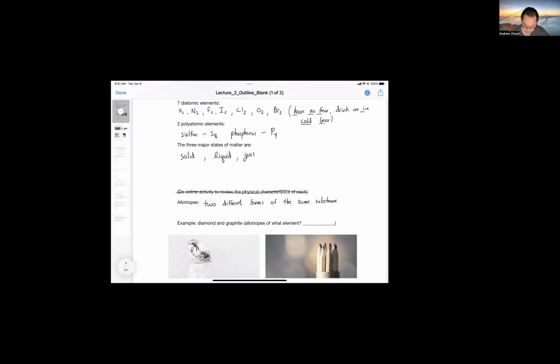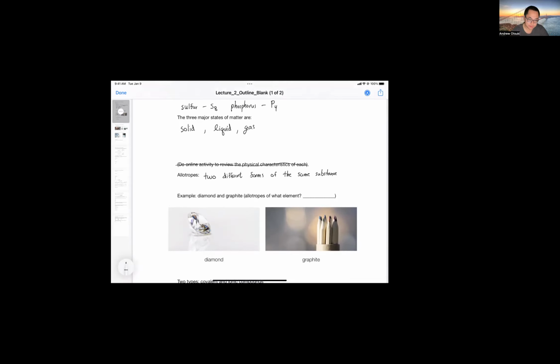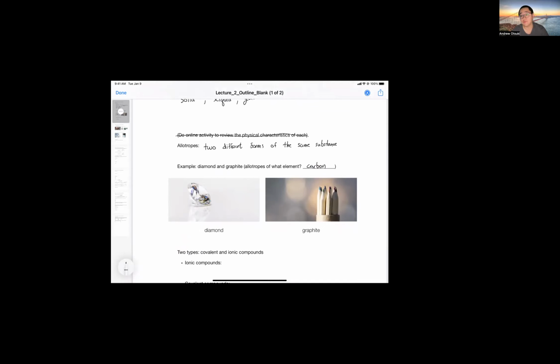So diamond and graphite, they are allotropes of carbon. So of the element carbon. So we see here two different forms.